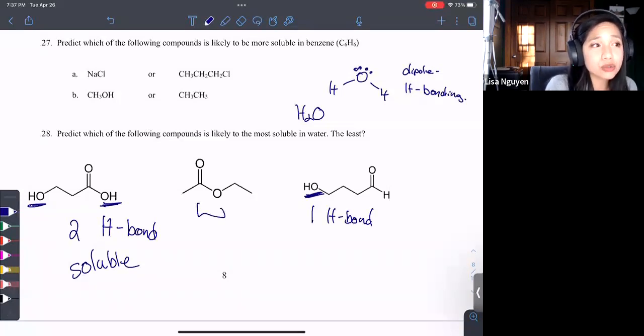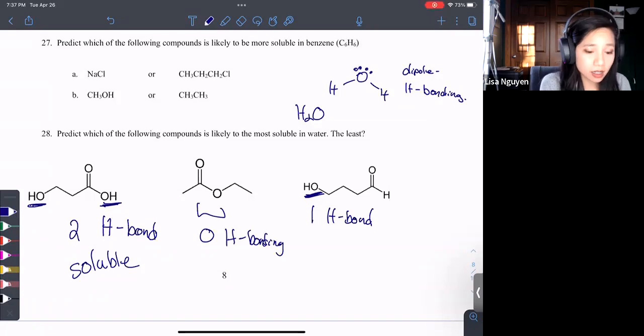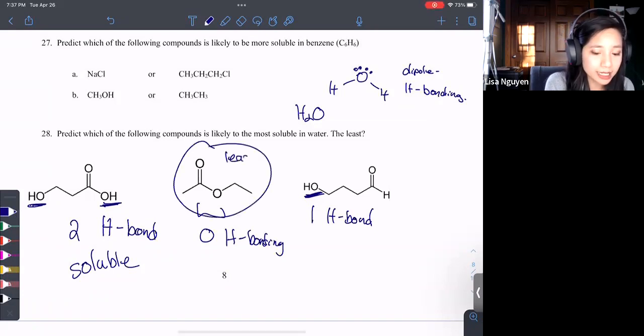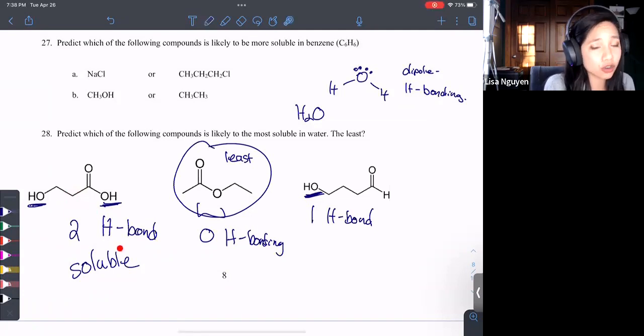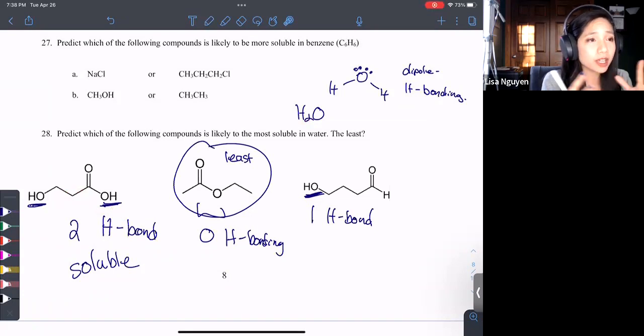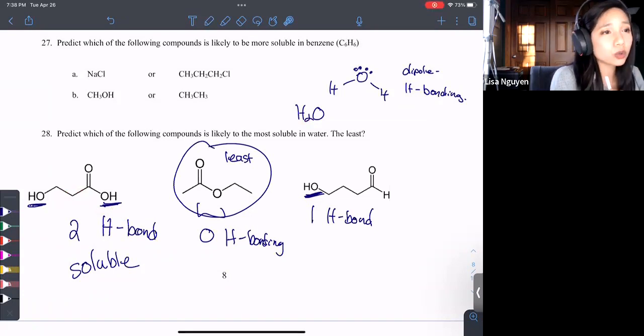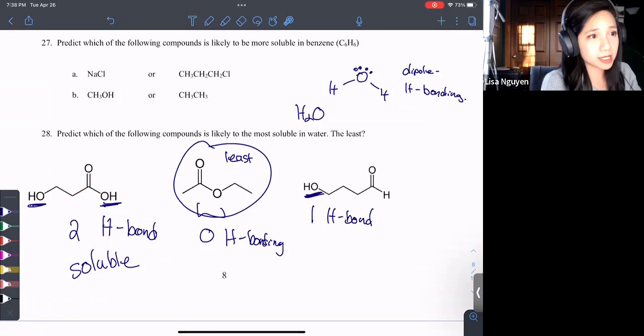This molecule has 0 sources of hydrogen bonding, so it is going to be the least soluble in water, but there is dipole-dipole attraction. So this molecule probably will be a little bit soluble in water, but not as much as the first, because it can make really strong attractions with water. They will mesh and be very attracted towards one another. Therefore, they will mix together.